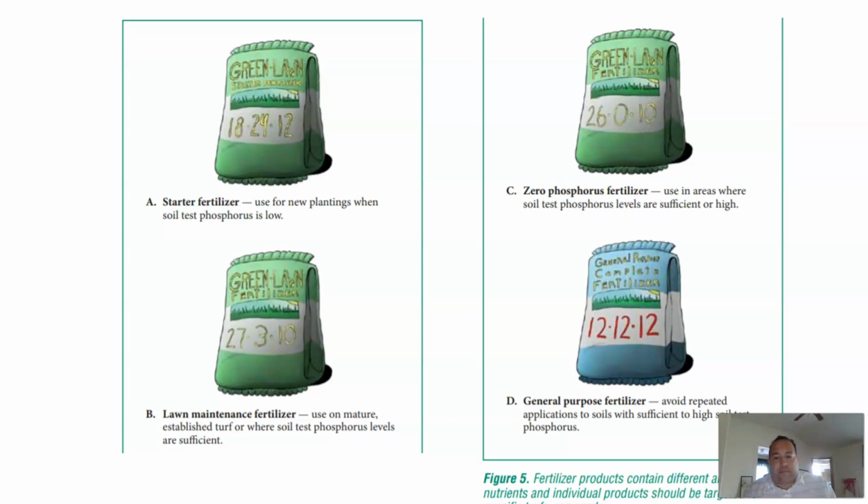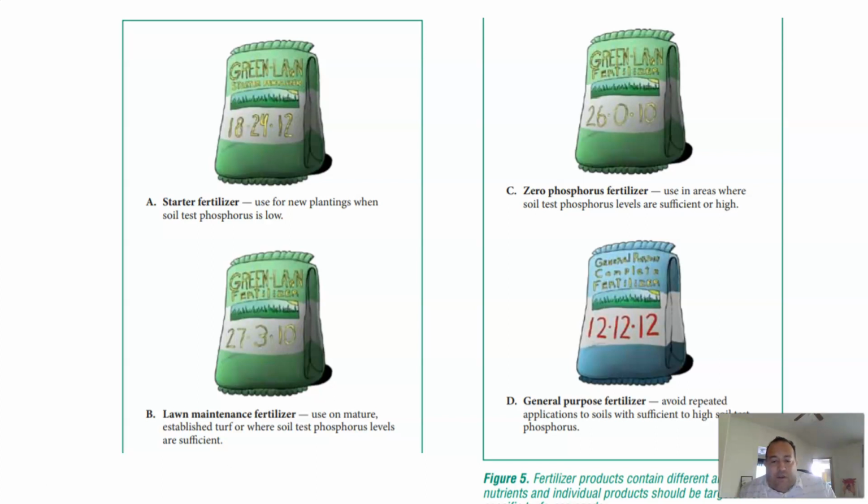So here are some examples. Again, with a starter fertilizer, you're going to see a higher amount of phosphorus. If we're trying to just maintain our lawn, you can see it's a decently low amount of phosphorus. If you have areas where your phosphorus levels are sufficient or high enough, you might find a fertilizer with no phosphorus in it.